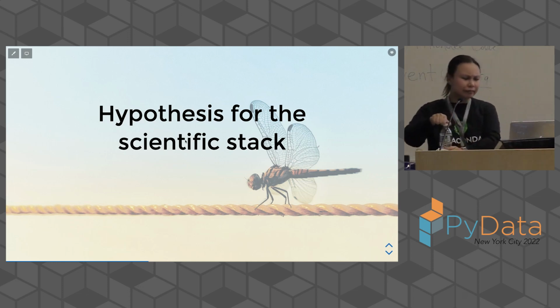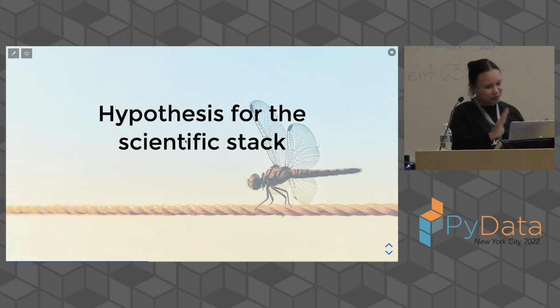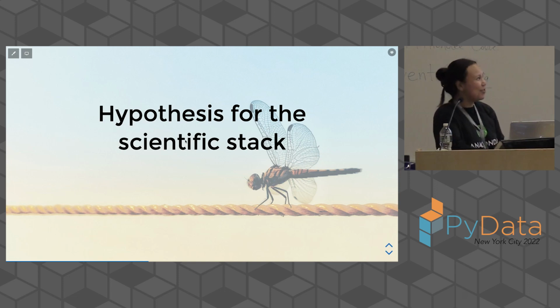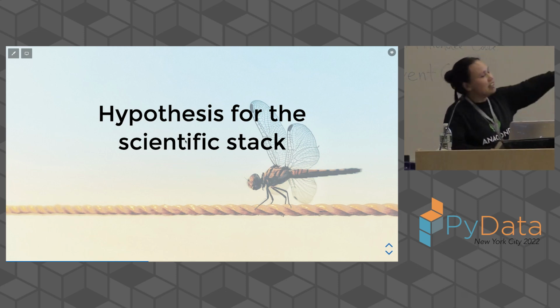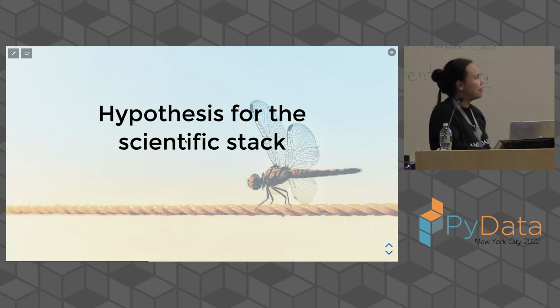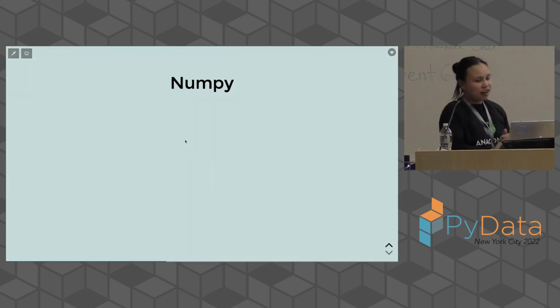So, I know for those of you who come to PyData New York, you're interested in scientific programming because data science also uses a lot of scientific things. So what I talk about scientific stack here is actually NumPy and pandas. Why I talk about this in this conference is that I think hypothesis got a lot of attention because it has the user in mind, right?